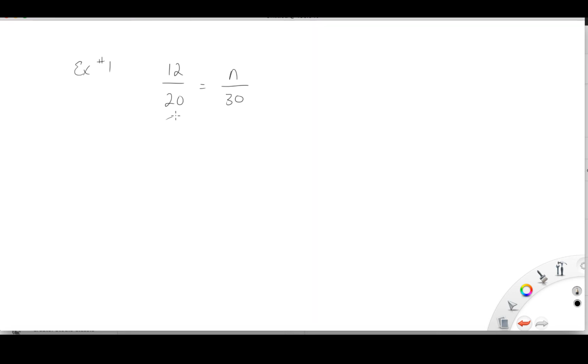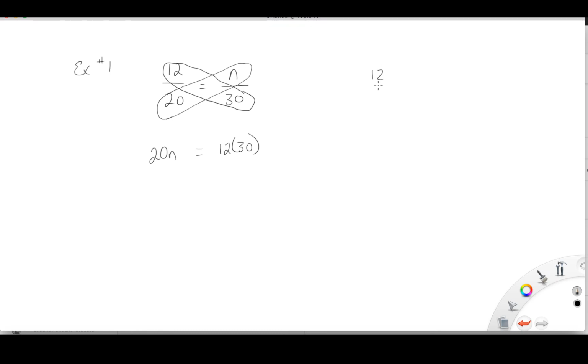So here's what I want you to learn. First of all, I want you to multiply the number and the unknown together. And you know what that looks like? 20n. Well, what does that equal? It equals 12 times 30, these two multiplied together.